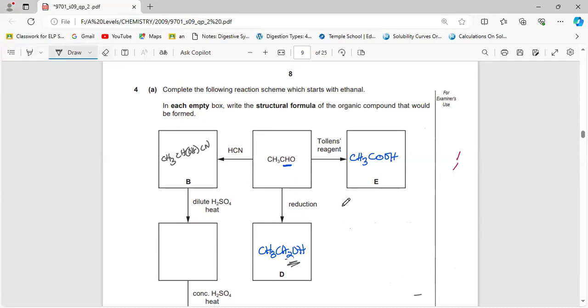The two hydrogens that will be added to ethanal, CH3CHO. So let me put it well. This should give us something like this, CH3CH(OH)... if you're adding two hydrogens to it, it's going to give us something like this.